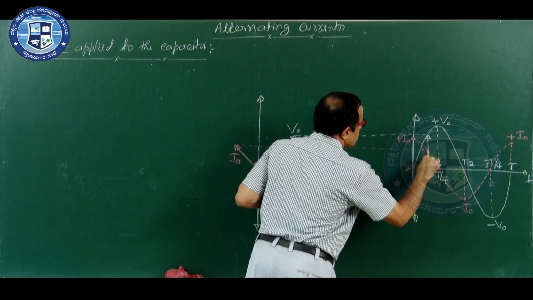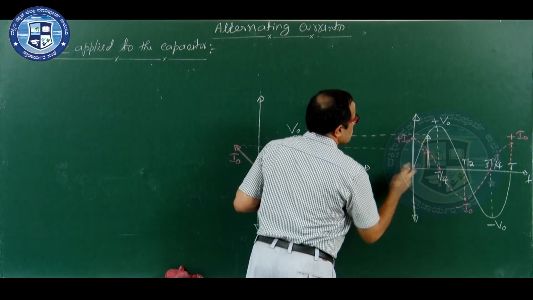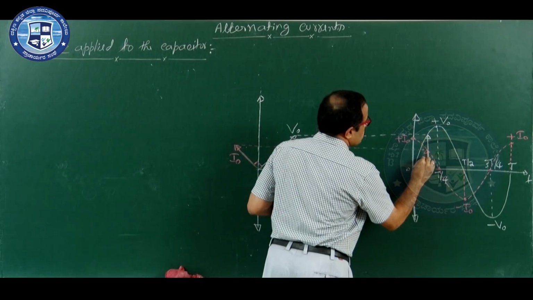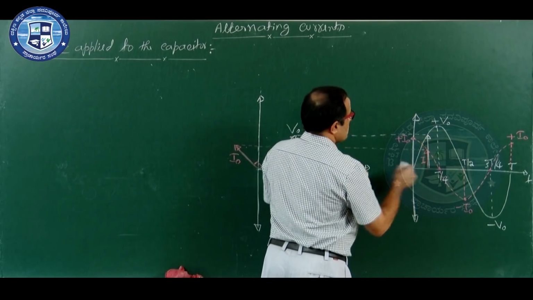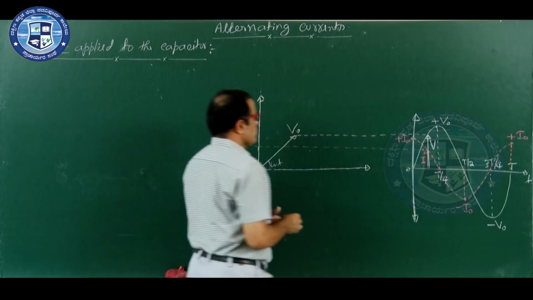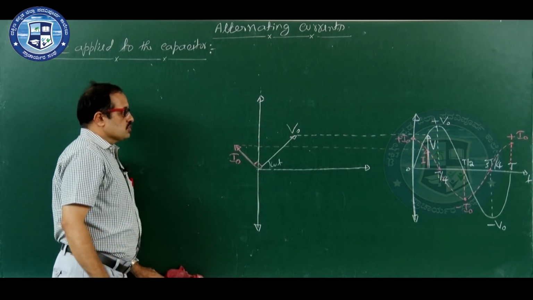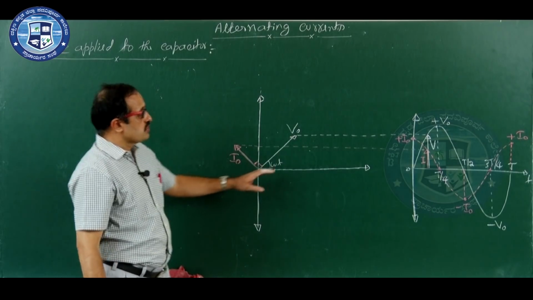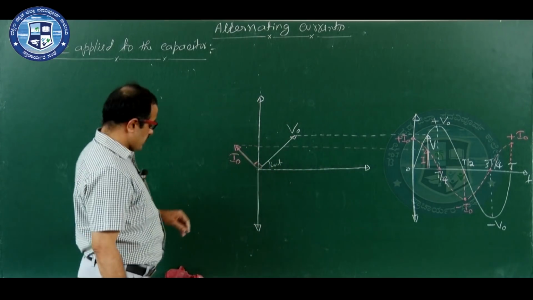This is I. Therefore, this represents instantaneous current, this represents instantaneous voltage. So, this is the way to link both graph and phasor diagram.